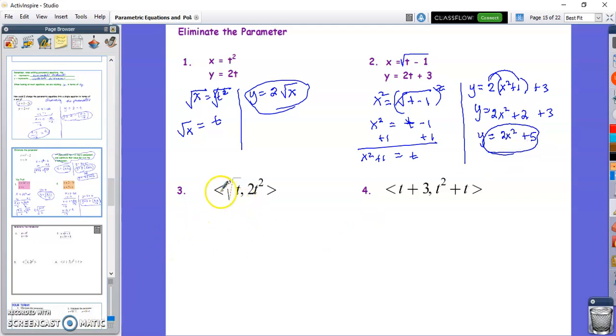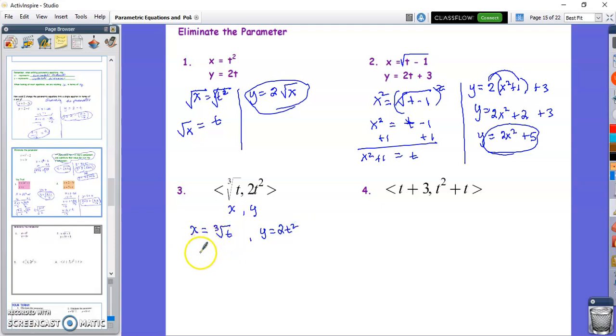All right, next, this kind of problem is an ordered pair, the cube root of t comma 2t squared, meaning this is going to be my x comma y. So my x will be equal to the cube root of t, and my y is going to be equal to 2t squared.